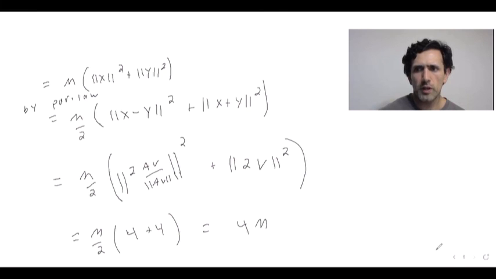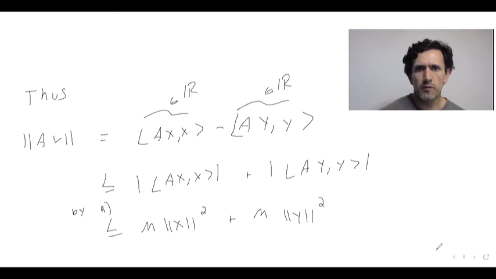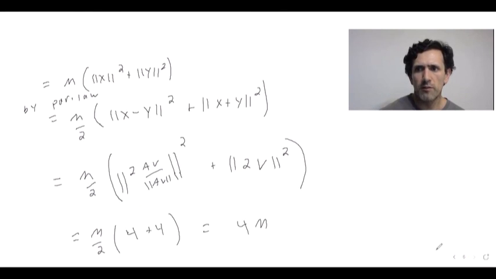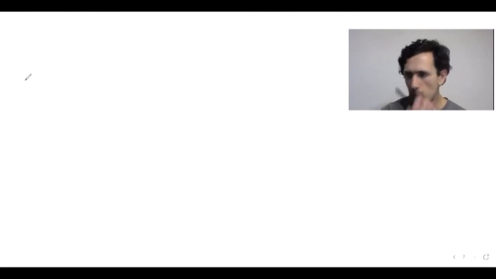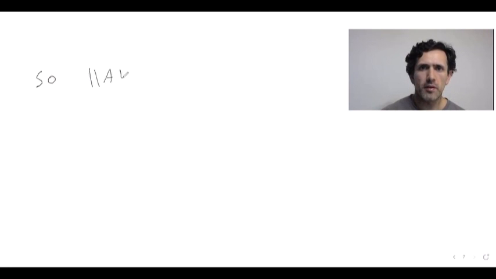So what have we proved? We have proved that the norm of AV is less than or equal to 4M for any V with norm 1. Sorry, there's a 4 here.